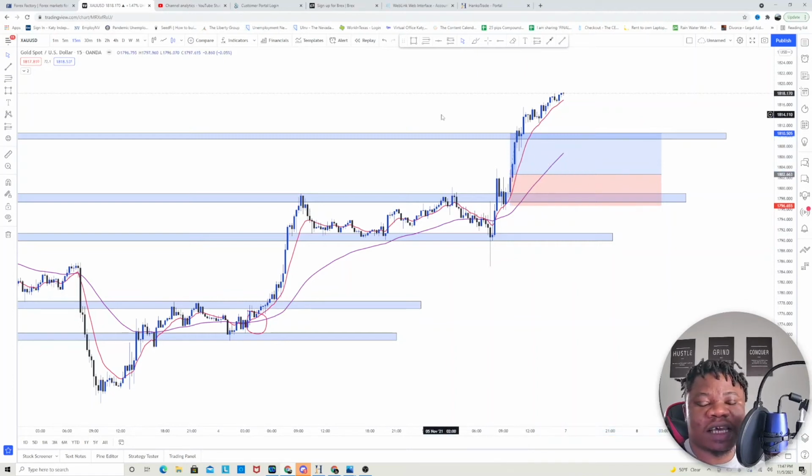So this is exactly how you use this strategy to take a buy position. It's very simple. You just have to identify your highs and your lows, meaning your support and resistance, and you have the 10 and 55 EMA to help you out with the overall direction of the market.